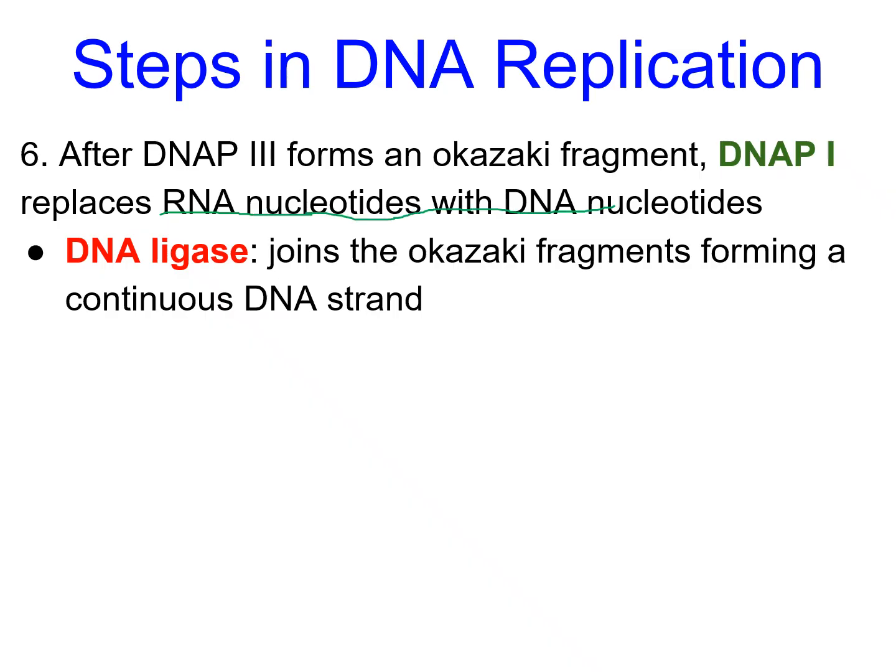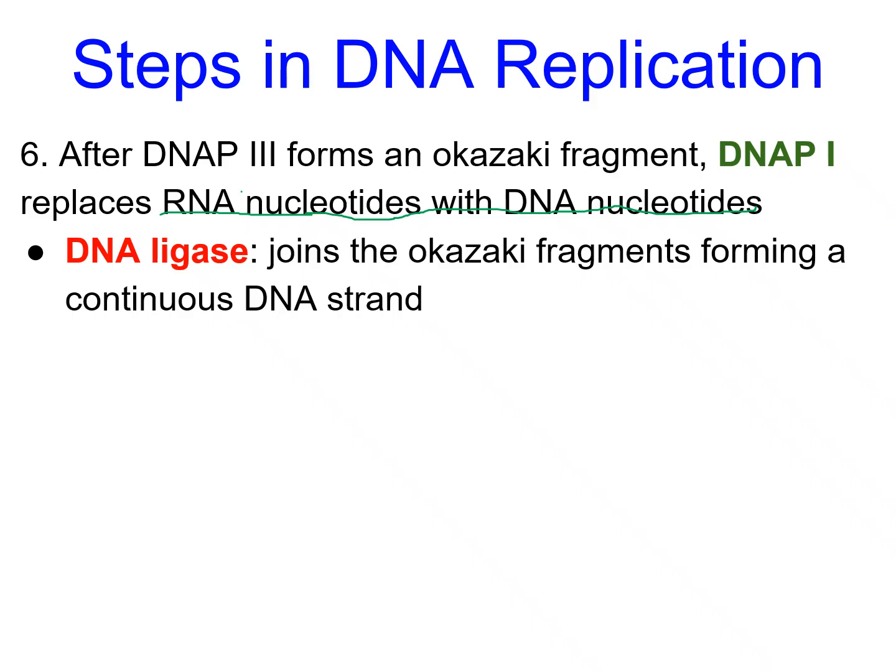Now we're trying to synthesize DNA, so why would we need fragments of RNA? So these little gaps that were created as a result of these primers must be removed, to form a continuous synthesized strand with no gaps.